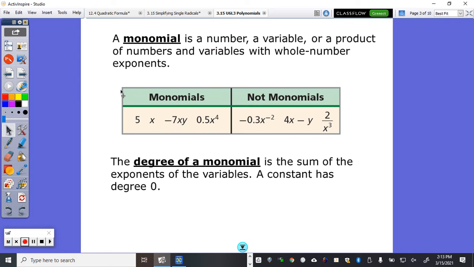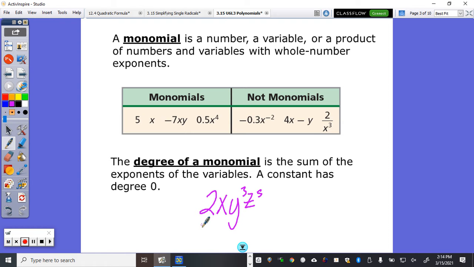A monomial is just one term. So if I say to you the number 2, that's a monomial. If I say 2xy to the 3rd z to the 5th, that's still a monomial.